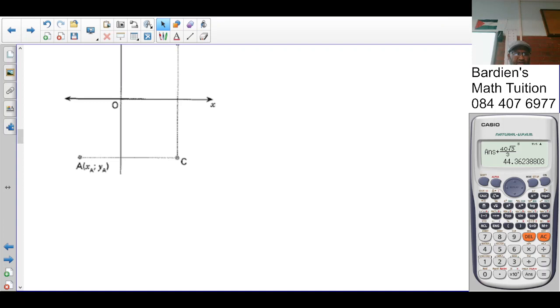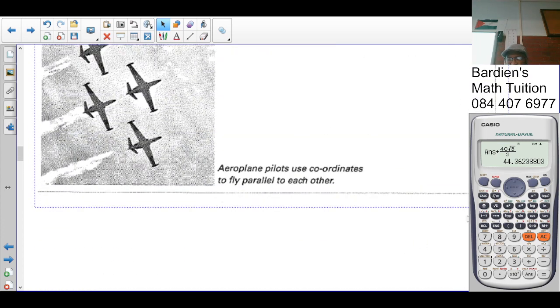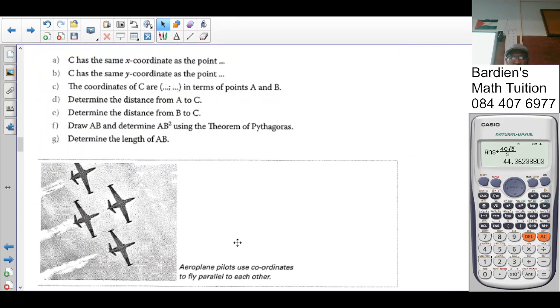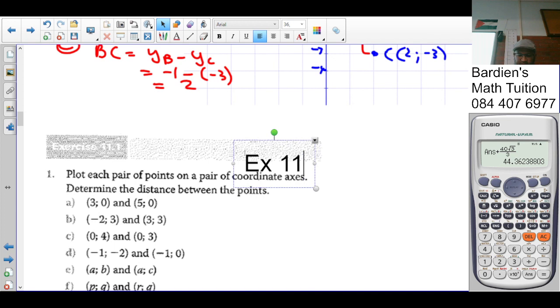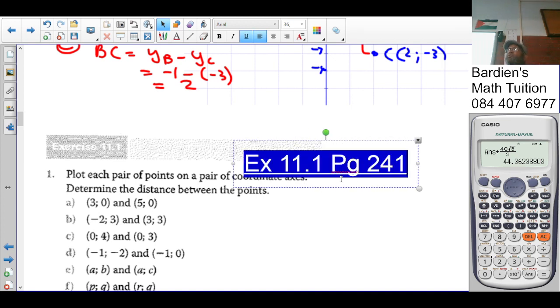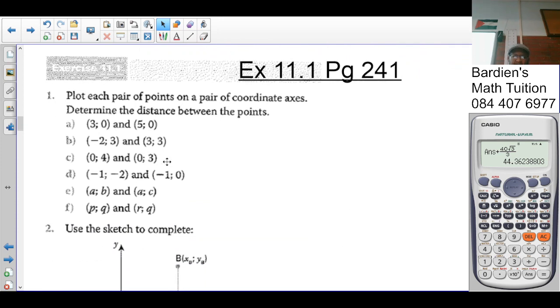Right, you guys can start with it now. Page 241. People, don't waste your time. Okay, let's start here.